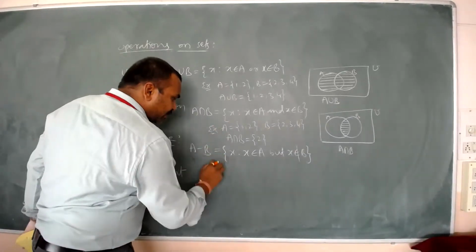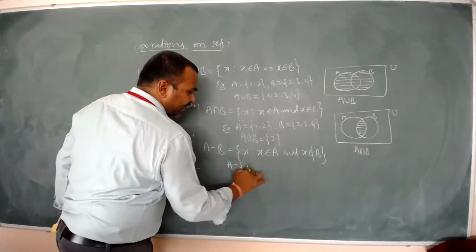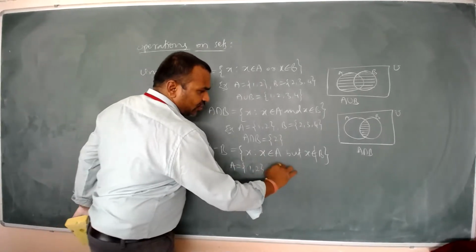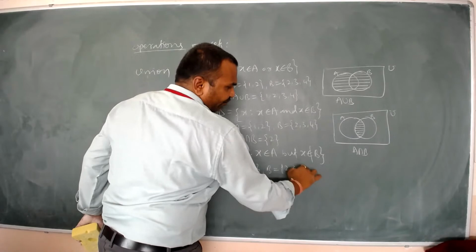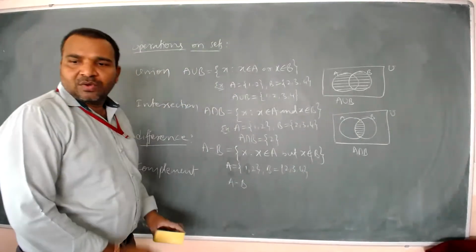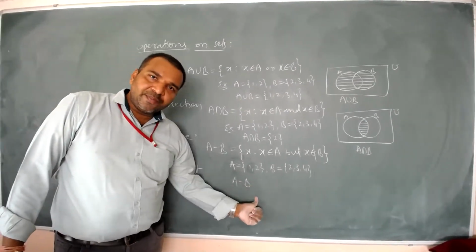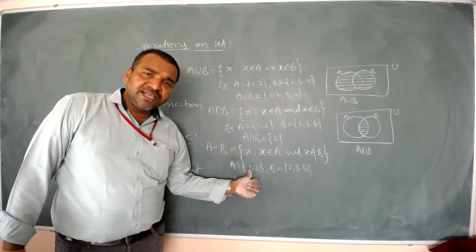So I will write an example, the same example. A is equal to {1, 2}, B is equal to {2, 3, 4}. Now I want to write A minus B. What is A minus B? The element should be present in A but not in B. What are the elements in A? 1, 2.